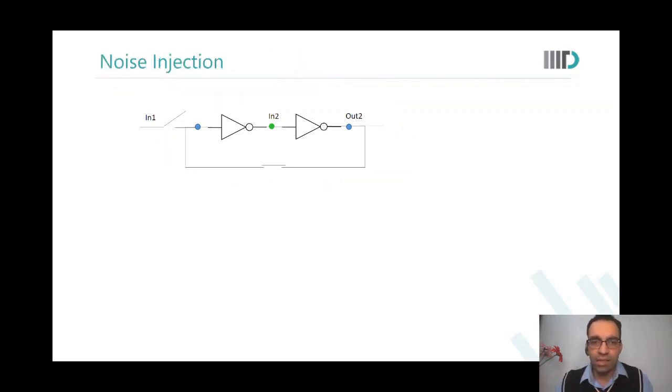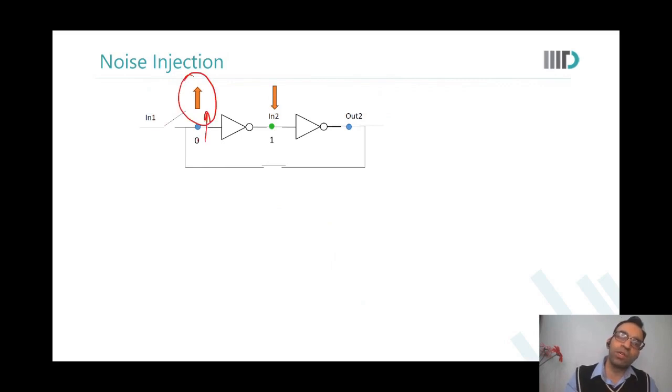We say that this latch, if I am storing a 0 on one side and 1 on the other, the worst case noise that I need to inject is 0 going towards 1 and 1 being reduced and going towards 0. That is the worst case noise pair that I can inject on this particular latch. Are you with me?